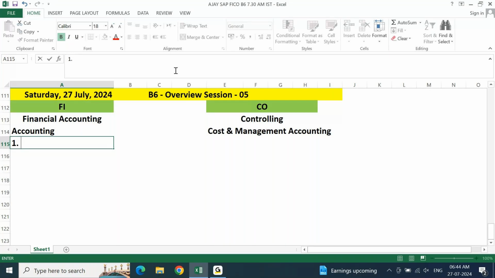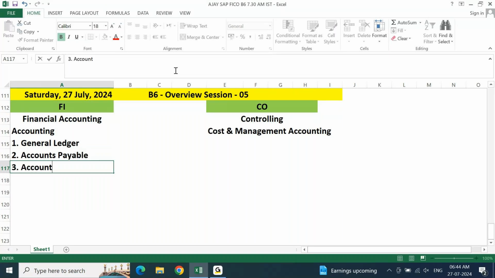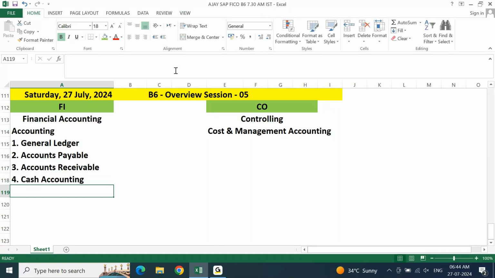First point is your general ledger. Second point is your accounts payable. Third point is your accounts receivable. Fourth point is cash accounting. Fifth point is bank accounting.